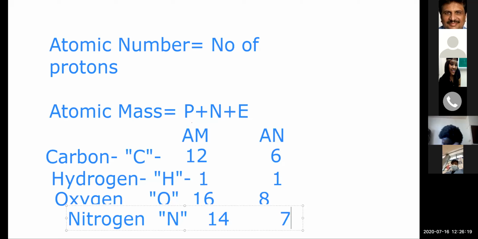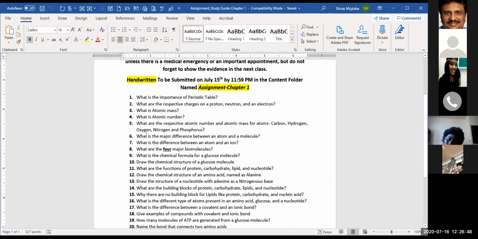Sorry, for phosphorus, the atomic mass is 30, and atomic number is 15. So I'm writing here carbon, hydrogen, oxygen, nitrogen, phosphorus, atomic mass 30, and atomic number 15. So this takes care of, I believe, the fifth question.